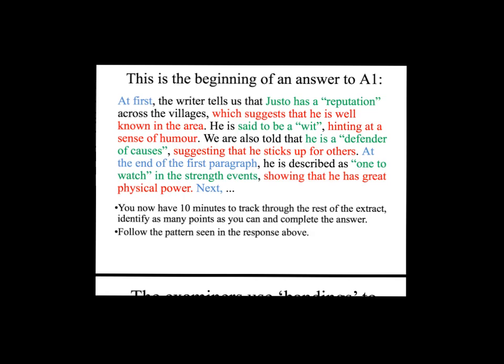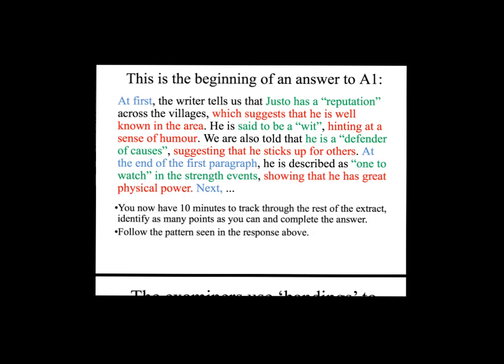What you should do now at home is to read through the rest of the extract, and I'll put this particular paper onto the shared area so that you can access it quite easily at home. And what you should do is spend 10 minutes tracking through the rest of the extract and identify as many points as you can to complete the answer.